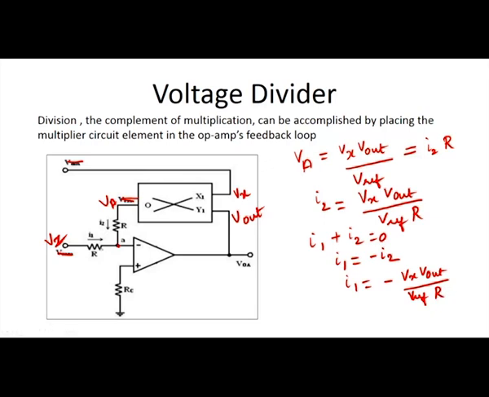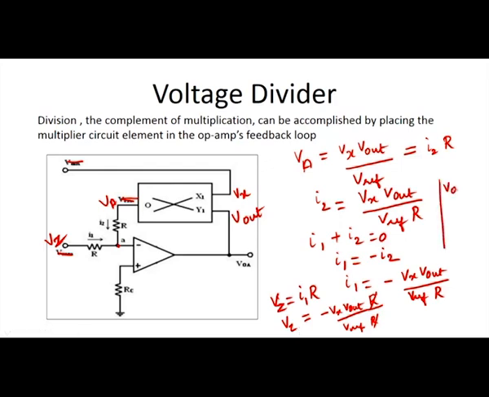So from the circuit, Vz is given as I1 into R. Substitute I1 in this equation: minus Vx V out by V reference into R. So these two R will be cancelled, and Vz is equal to minus Vx V out by V reference.